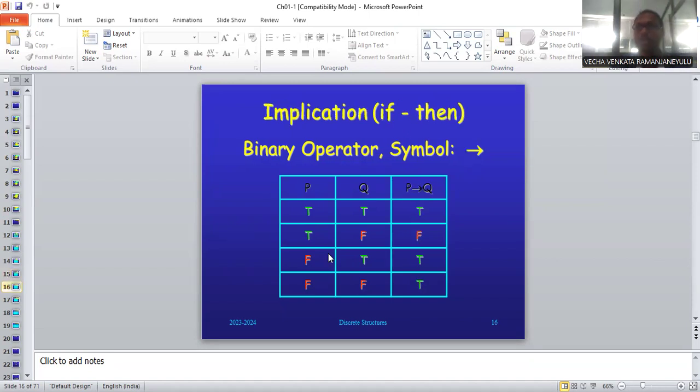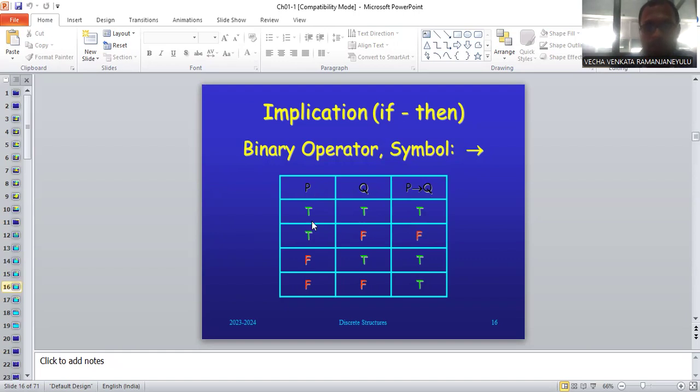Next, implication. Implication means if-then, represented by the arrow mark. Here also I am taking two variables, P and Q. P implies Q, where implies means implication. I am using the if-then rule, and that's why I am using the arrow symbol.